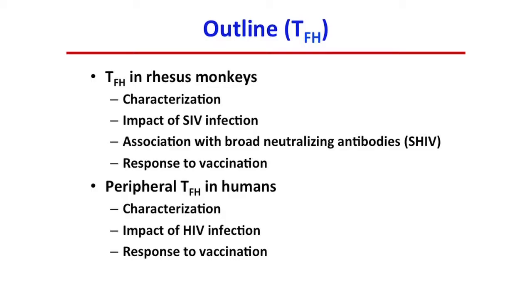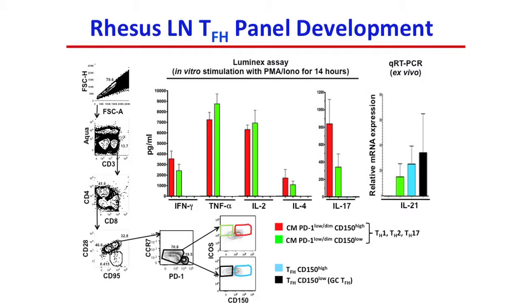So I'll show you the characterization of these cells in rhesus monkeys, the impact of SIV infection, how they're associated with broad neutralizing antibodies in a SHIV model, and then how we can induce these responses in vaccination. And then I'll tell you some work that's been done on whether there is an equivalent of these lymph node-associated T follicular helper cells in the periphery, and that will be work that has been done in humans.